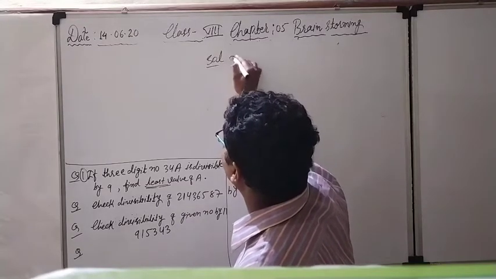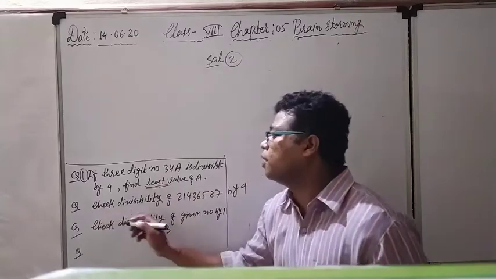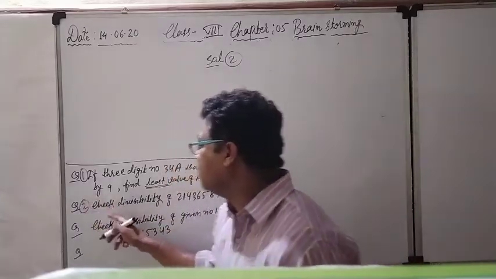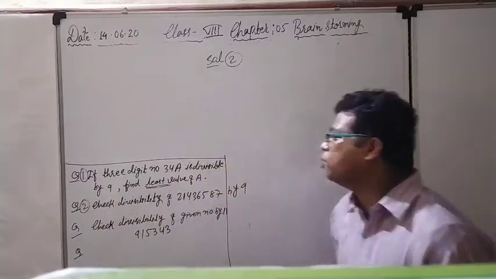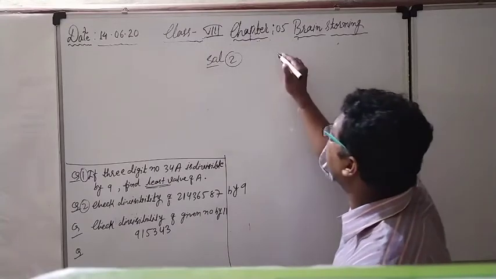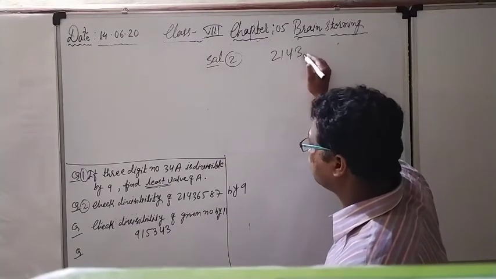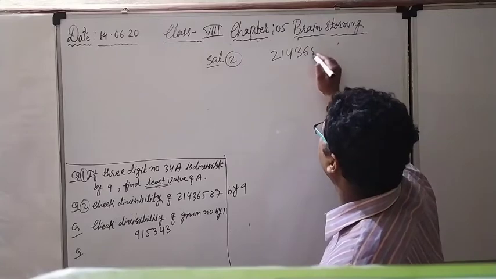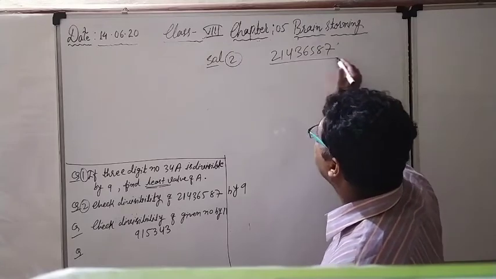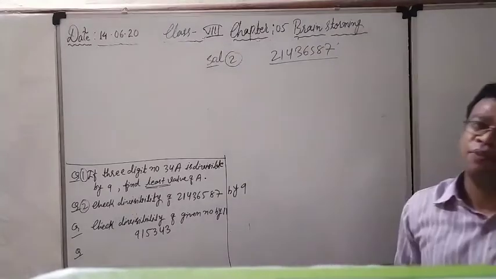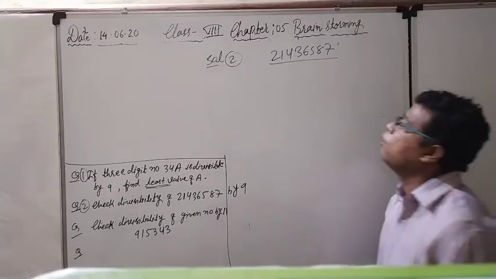Question you can read from here. Check the divisibility of this particular number: 2 1 4 3 6 5 8 7. This is a big number, no problem, and we have to check whether it is divisible by 9 or not.